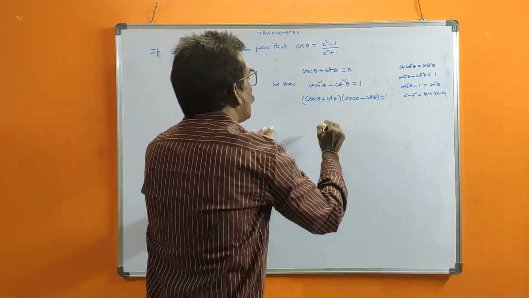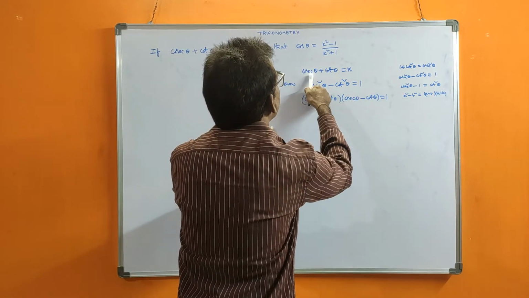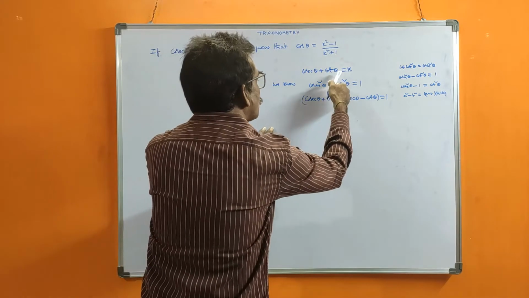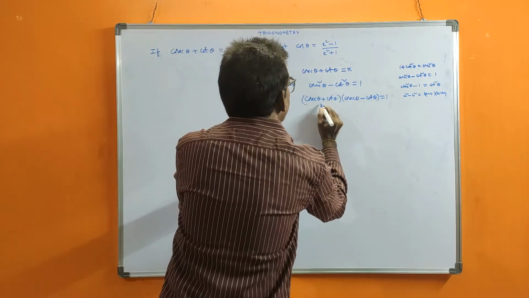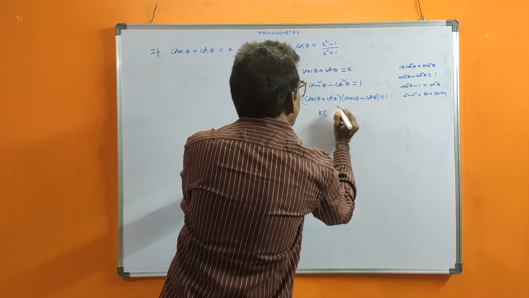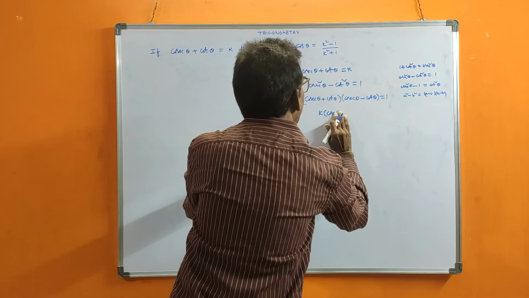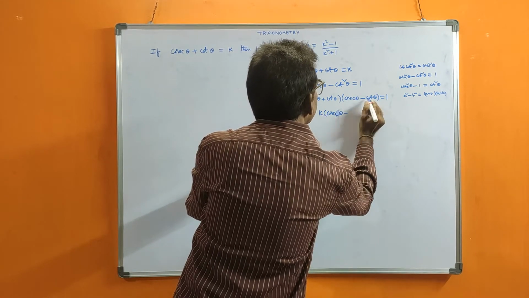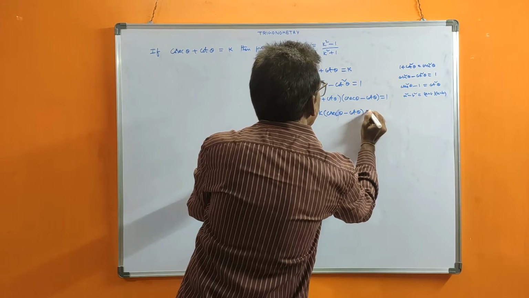This is 1. Now already the value cosecant theta plus cot theta is equal to k, given. So instead of this we can substitute k into cosecant theta minus cot theta is equal to 1.